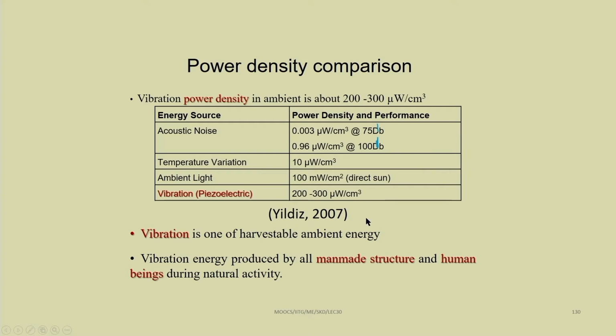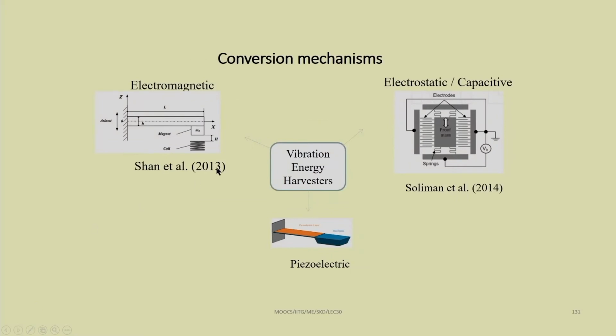In the last portion of this presentation I will show you the references where you can get the details. Vibration is one of the harvestable ambient energies. Vibration energy produced by all man-made structures and human beings during natural activity can be used for harvesting energy. There are several conversion mechanisms. For example, electromagnetic conversion, where we can easily use the Faraday principle.